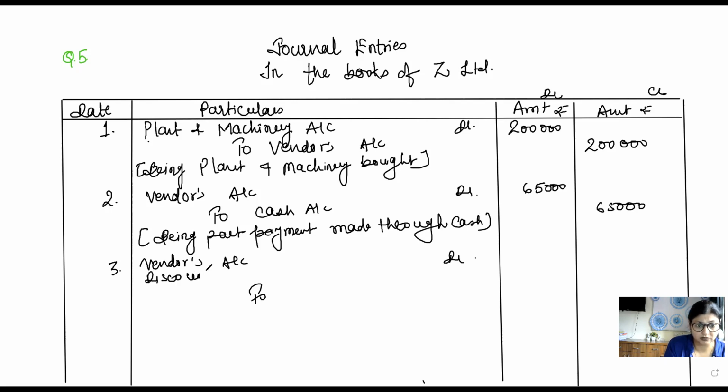This is called discount on issue of debenture. To 6% debenture.